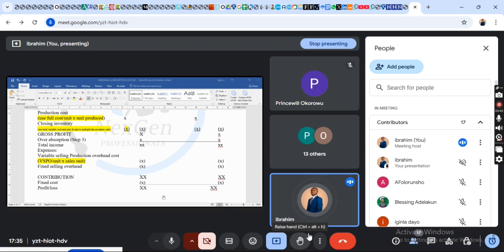You can bring in these expenses: fixed selling is an expense, variable selling production overhead is an expense, fixed distribution is an expense, but don't bring in fixed production again. That means you are treating it twice, because you already treated it as over and under absorption. You've used it, you don't need to bring it in your expenses.